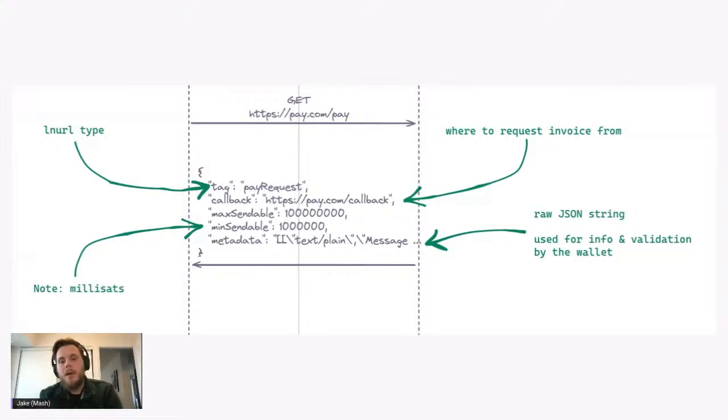And then there's a metadata string. I had originally some description of what's required in this metadata string, but it was a little bit gnarly, so I would definitely encourage you to look at the spec if you want to dig in there. The gist of it is that it's encoded as a string, but it's JSON, and it's an array where each of the items is another array that's a tuple of key-value pairs that contain some metadata.